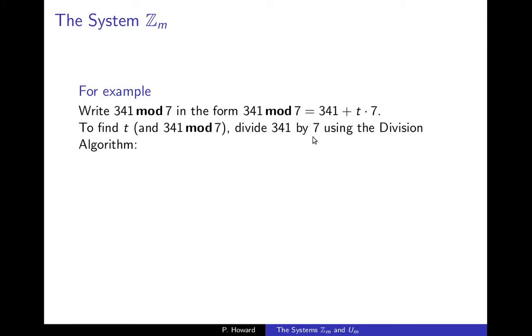We will divide 341 by 7 using the division algorithm. So 341 is 48 sevens with a remainder of 5. Here is 341 mod 7. And now if you solve this equation for 341 mod 7, in other words, solve for 5, you get that 5 is 341 plus minus 48 times 7. So the t that works in this case is minus 48.